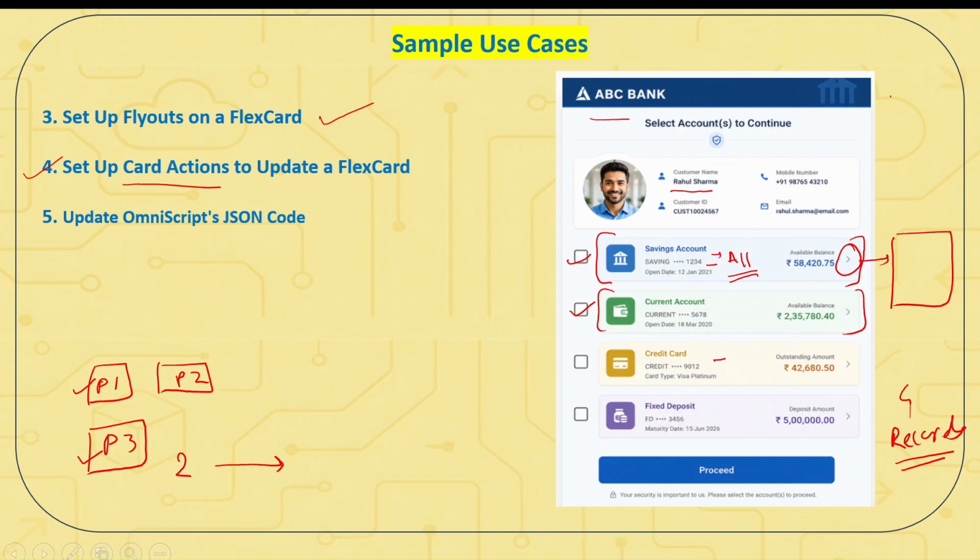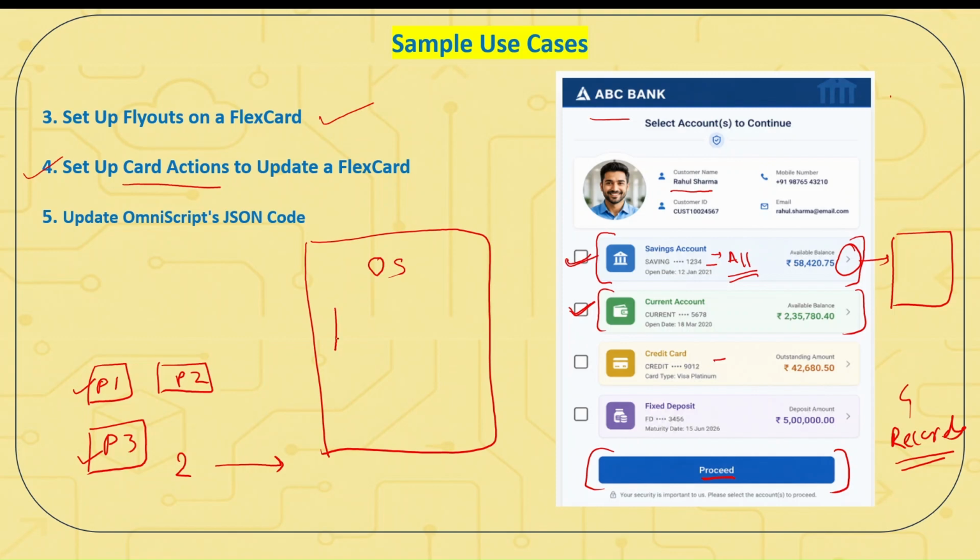Now in this case, if we select this and click on this Proceed button, only the screen of the selected accounts should open. How can we do this? In our OmniScript, this is the OmniScript. In this OmniScript, we will embed this FlexCard.